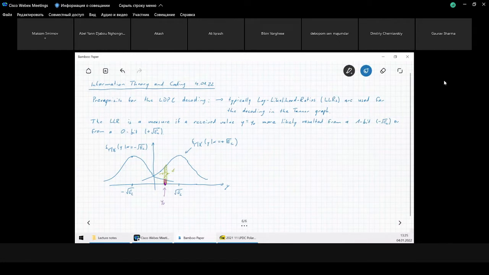Okay, so let's start by writing down these two conditional distributions. So fy given x, this way around, fy given x, with y given x being plus square root EC. There you see it's just this Gaussian distribution depending on the noise variance, of course.